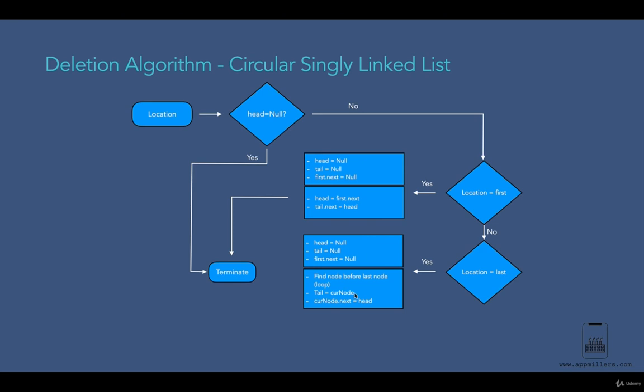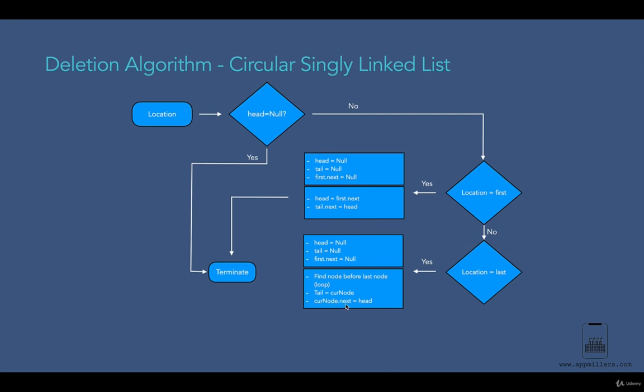Now the next case is in which we have more than one element. In this case, the steps are different. We have to loop through the linked list until we reach the node which is located before the last node, because we are going to delete the last node, so we need to stop before it. When we reach the node before the last node, we set tail to this node, because this is going to be the last node, and then the current node's next reference has to point to the first node.